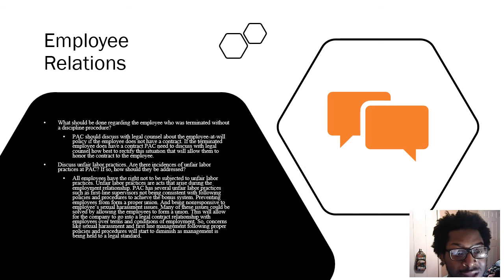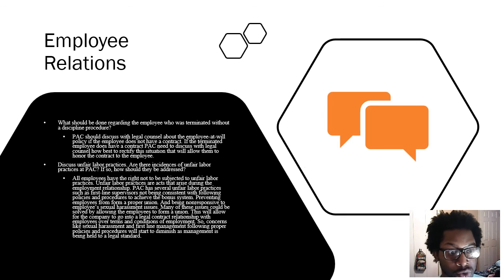PAC Resource has several unfair labor practices, such as first-line supervisors not being consistent with following policies and procedures to achieve the bonus system, preventing employees from forming a proper union, and being non-responsive to employee sexual harassment issues.